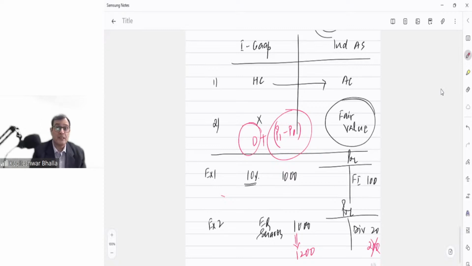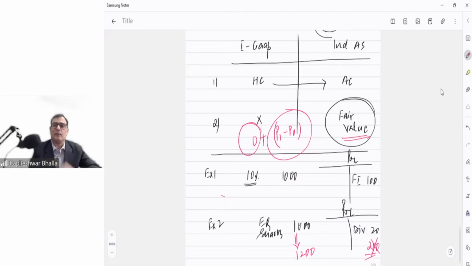So this means that when you're capturing the return from the accounting point of view, you need to capture two components of return. You need to capture the return in the form of interest and dividend, and you should also capture the fair value changes as well. And unless you record the investment at a fair value, you will not be able to capture the concept of 200.